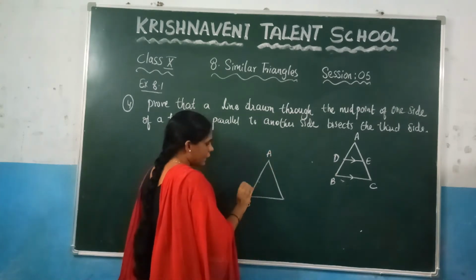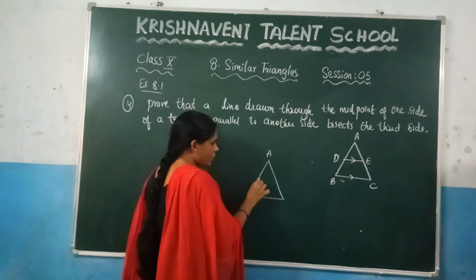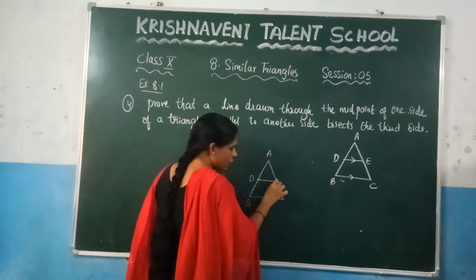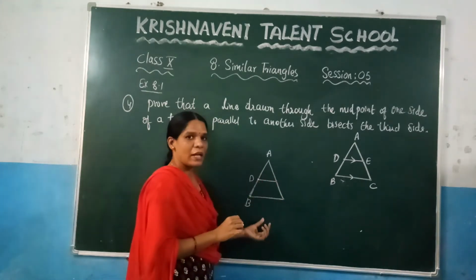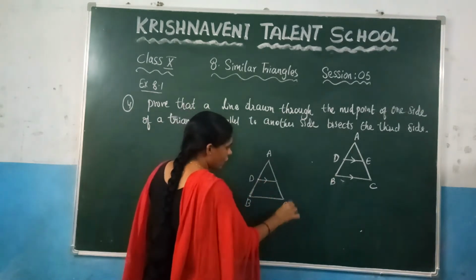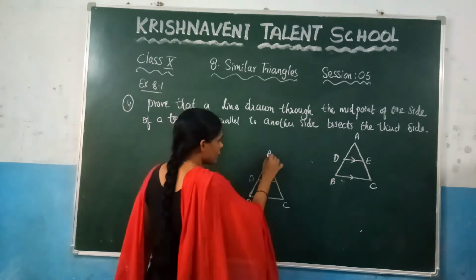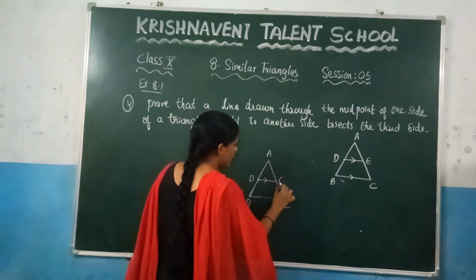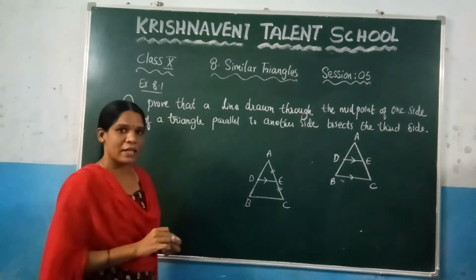I am taking here this D as the midpoint such that I am drawing here one line. And what they are saying here, that line should be parallel to the other side. Clearly this line is parallel to the other side. And what are they asking, what we need to prove? We need to prove here this AC will bisect at the point E. That means you need to prove here AE is equal to EC. This is the question they have given.